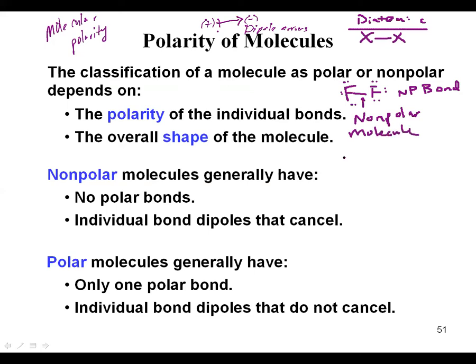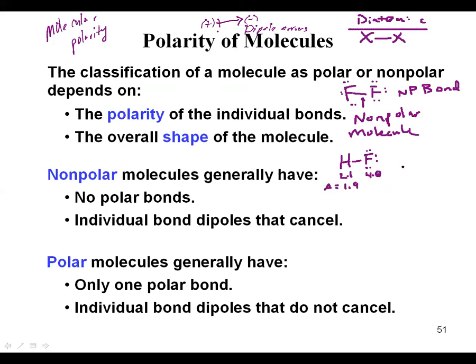Now, if you look at something like HF, which is also diatomic, when we look at the bond between hydrogen and fluorine, again, this is something like 2.1 in terms of electronegativity. This is something like 4, which gives you a difference of 1.9 when you subtract it.